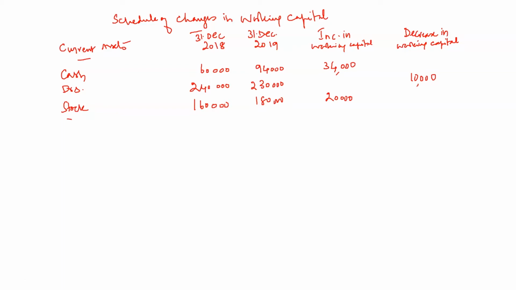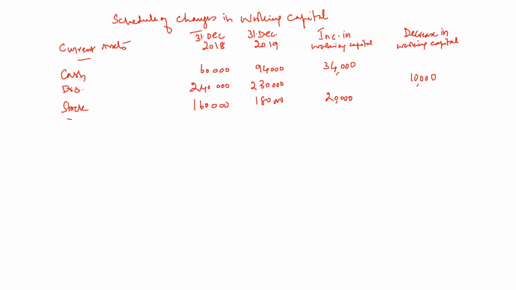So every increase in current asset indicates the need for working capital, and every decrease in the current asset indicates there is a fall or a decrease in the working capital requirement.